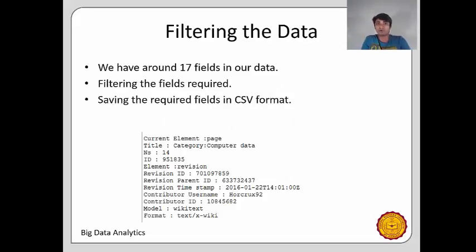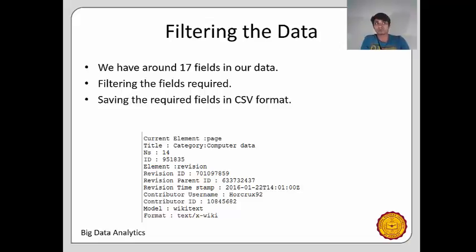And now how we are filtering the data. As I have told you previously, in our data there are 17 fields, but we are not going to concentrate on all of the fields. Whichever fields are necessary for us, only on those fields we are going to concentrate.